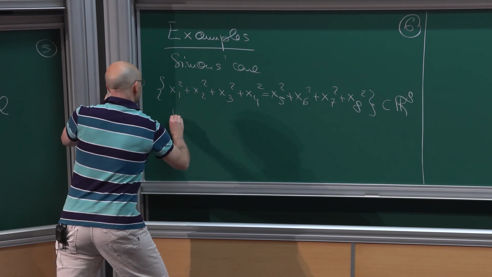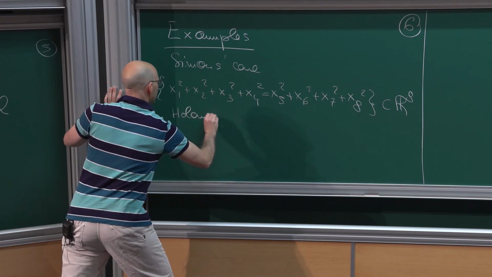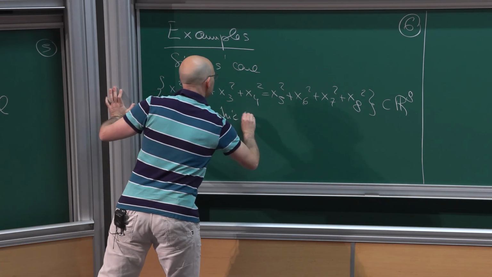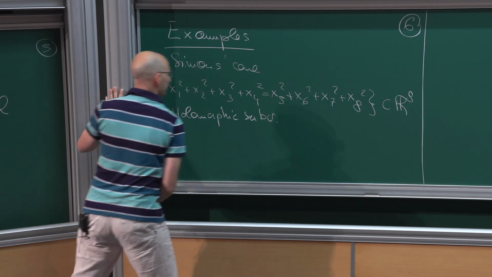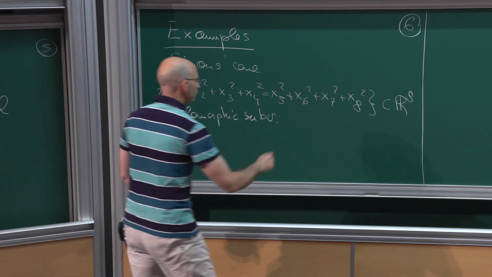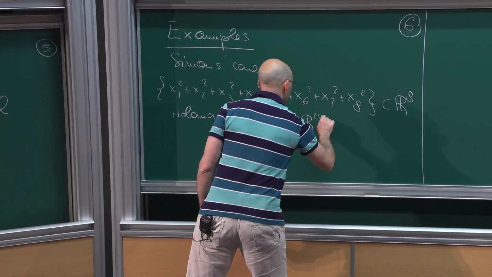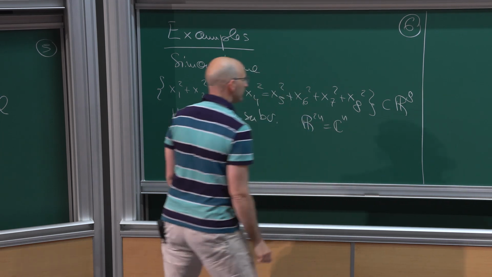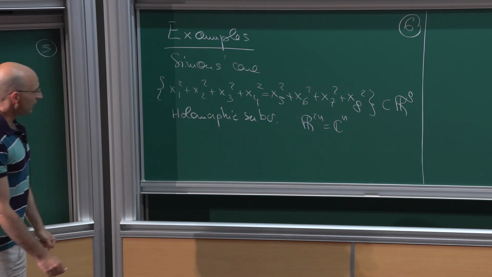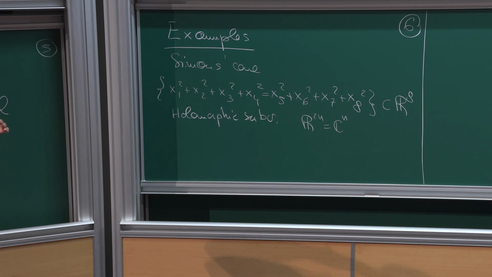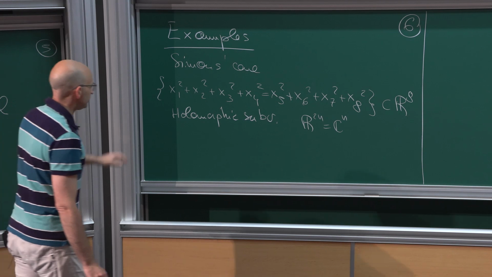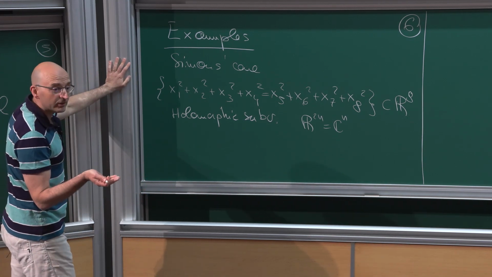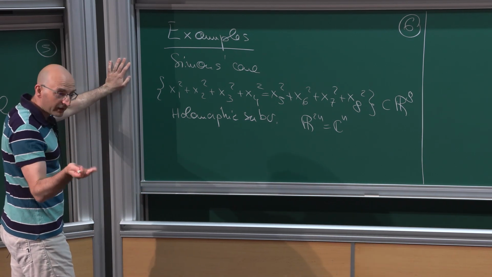And then there are holomorphic subvarieties. So if you identify R2n with Cn, you can look at any holomorphic subvariety of Cn, and it realizes a surface with singularities of real dimension twice the complex dimension.